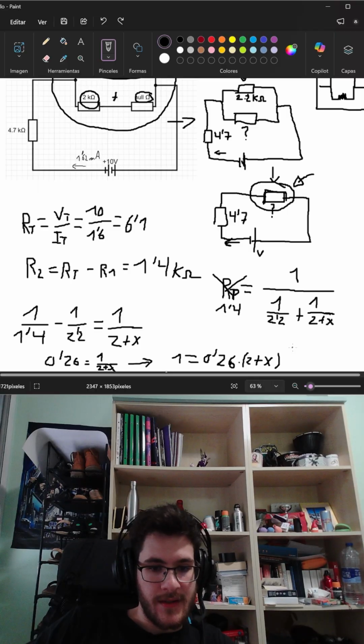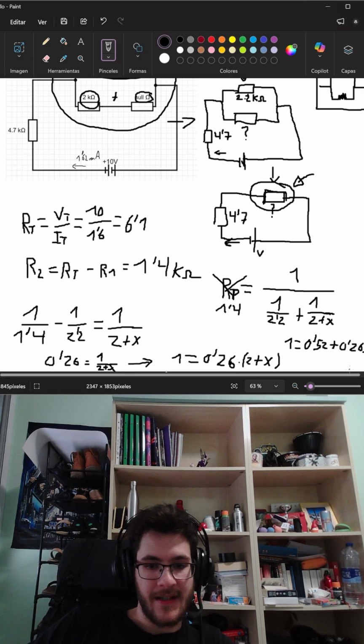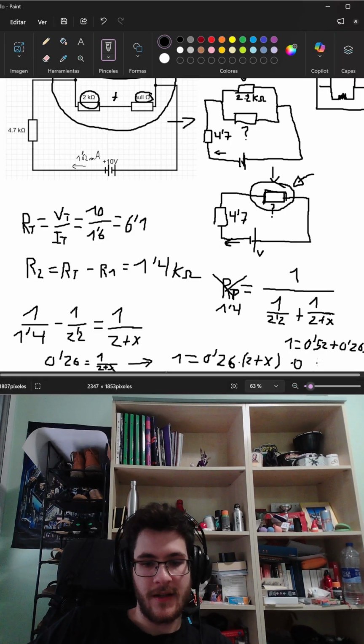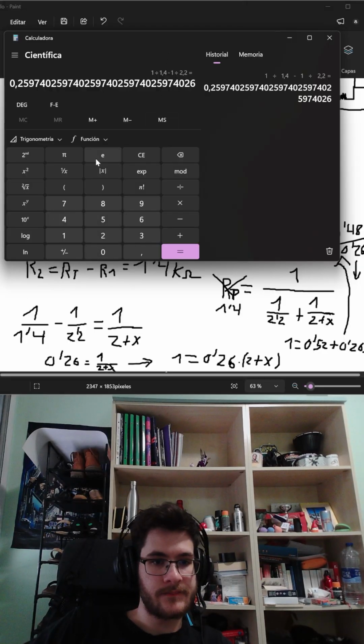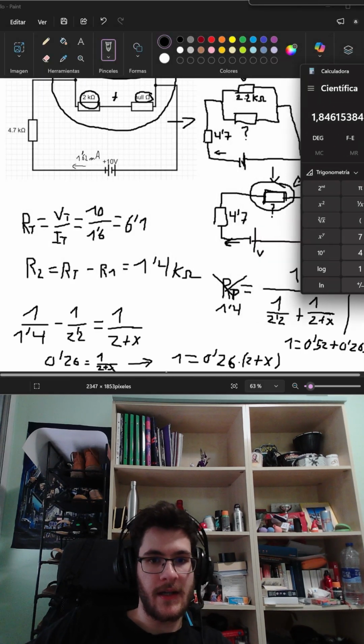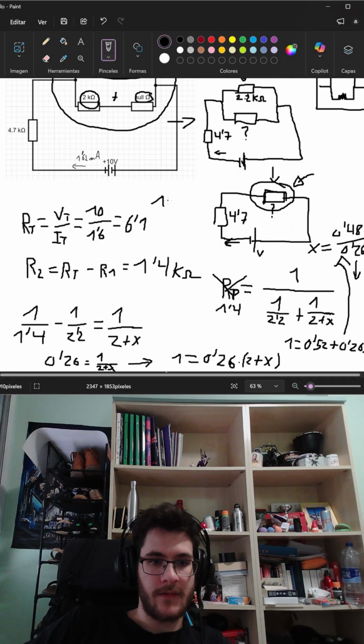And then we just solve this. That is easy. 1 equals 0.52 plus 0.26 x, so x equals 0.48 divided by 0.26, and the answer is 1.85 kilo ohms.